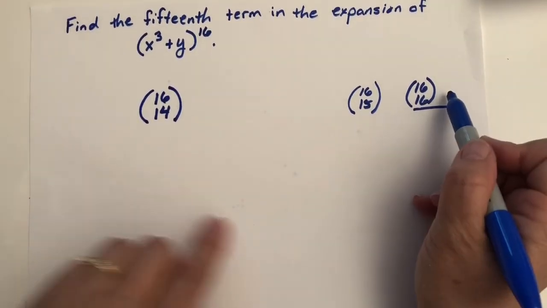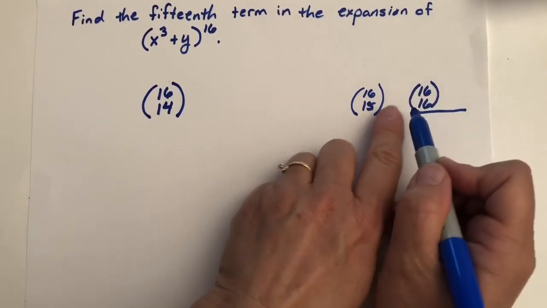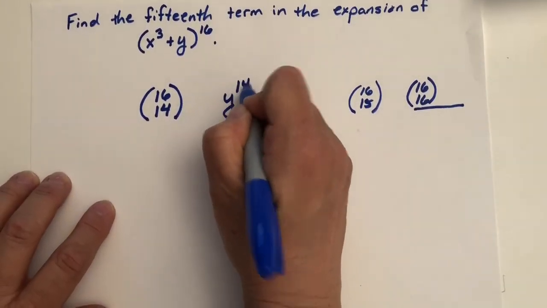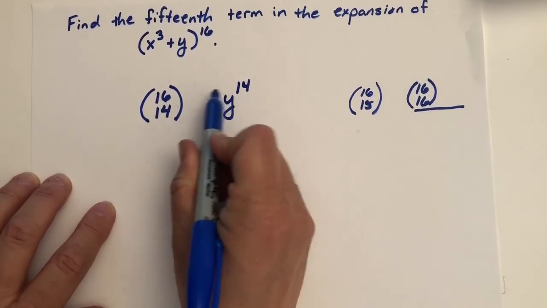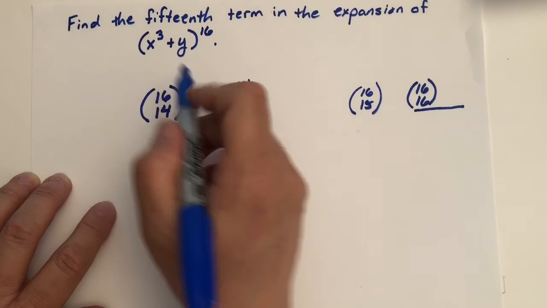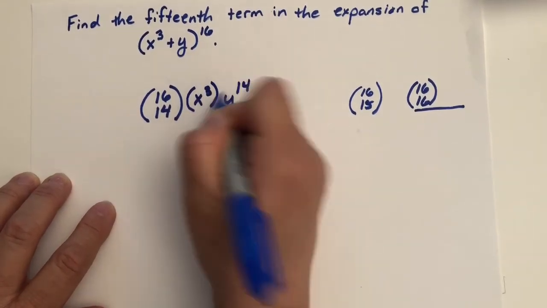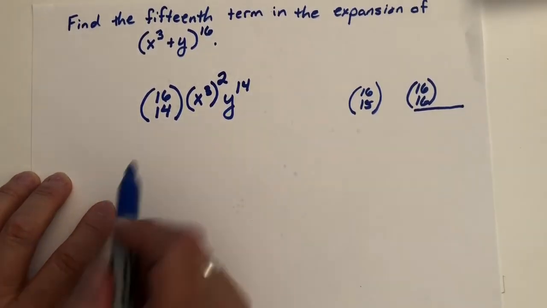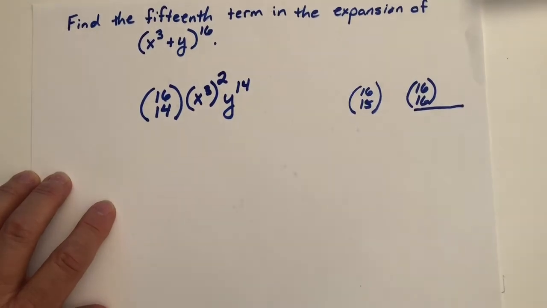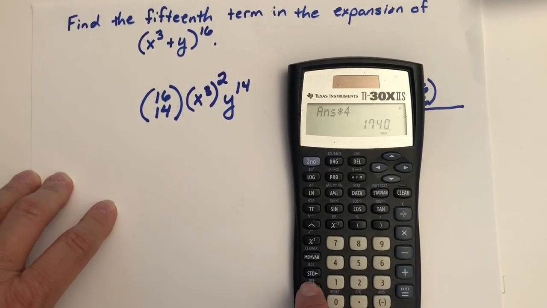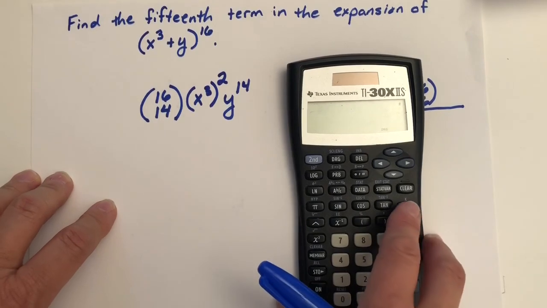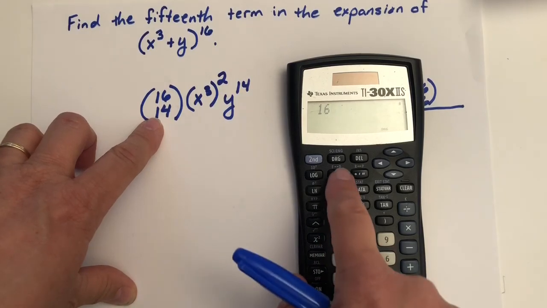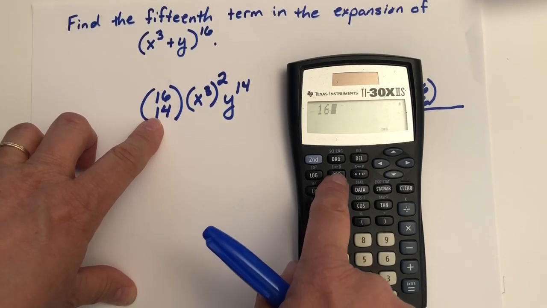Now, starting on the right, this is y to the 16th, y to the 15th, and now we'd be to the y to the 14th. These two exponents will add up to 16. That means I have x to the third raised to the, must be the second power. Again, we could do this by hand, but let me point out one more time, and this time I will do it on the calculator so that you know that that's totally fine. 16 choose 14, so you punch in your 16, find your combination button, probably near your probability, and there it is.